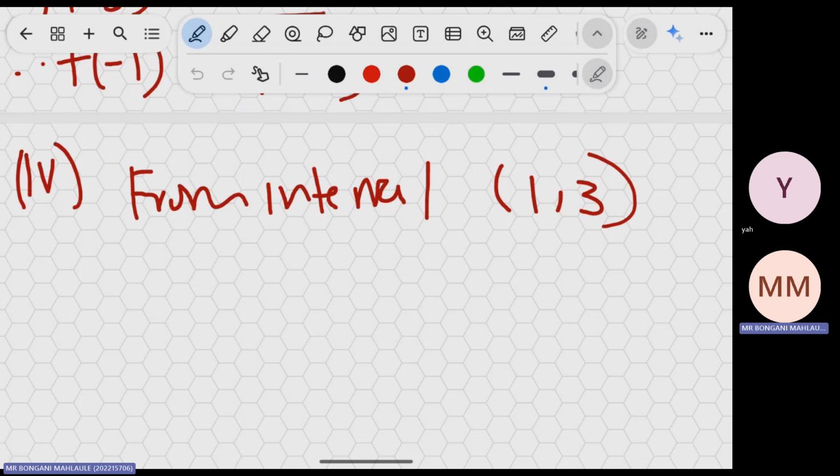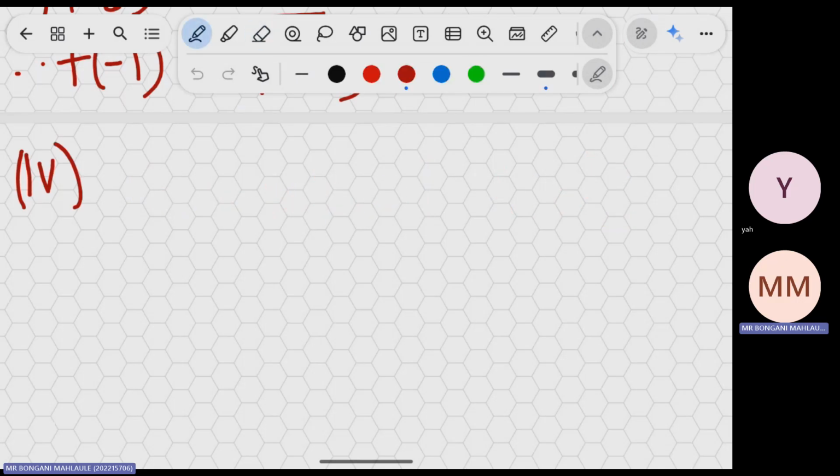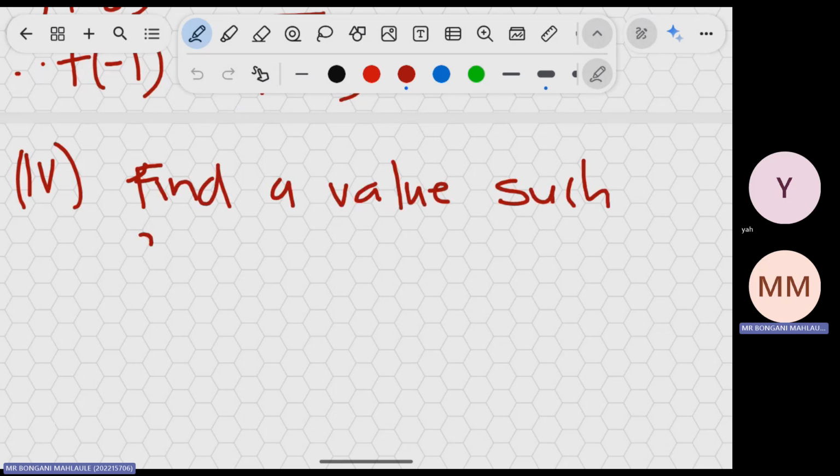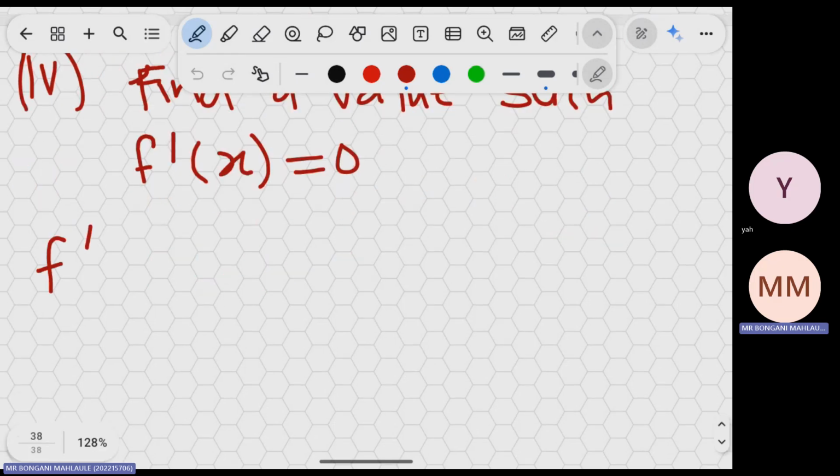Okay, on the fourth condition, you must find a value such that the derivative of our function is equal to 0. That value we'll call c, or you can call it z. Let's call it z.